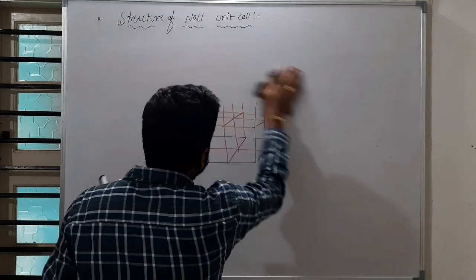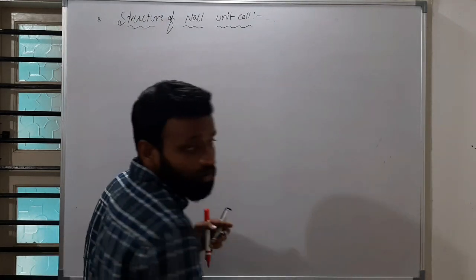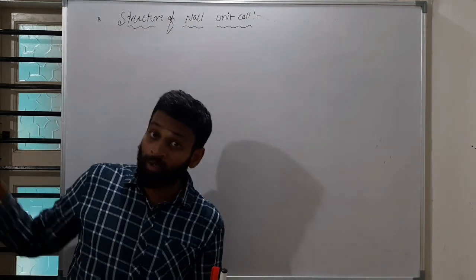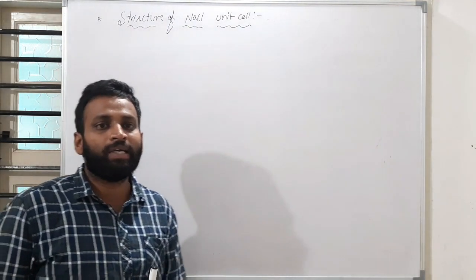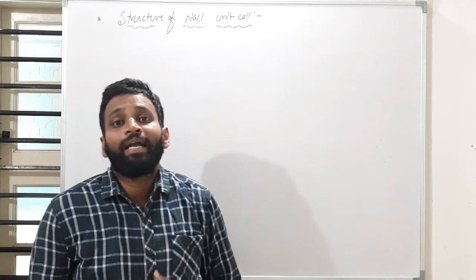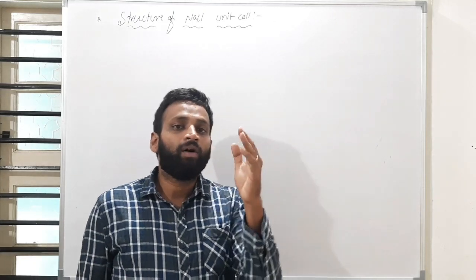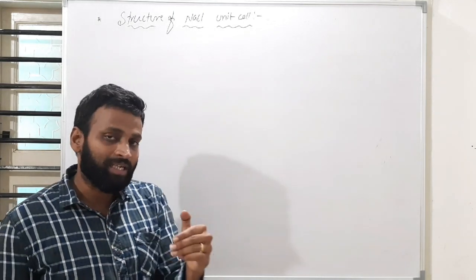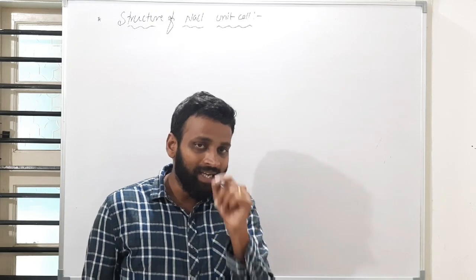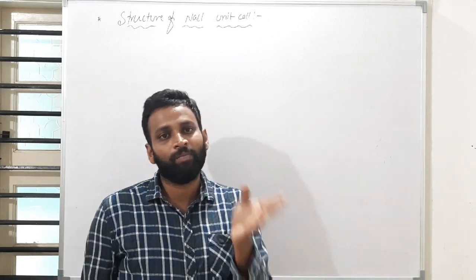In NaCl, if Na+ ions are present at corners, the same ions are also present at where? That is an important question. They will ask you: if Na+ ions are present at corners, the same Na+ ions are present at where? In the NaCl crystal lattice, they are also present at face centers. If I start with Cl- at corners, the same Cl- ions are present at face centers.